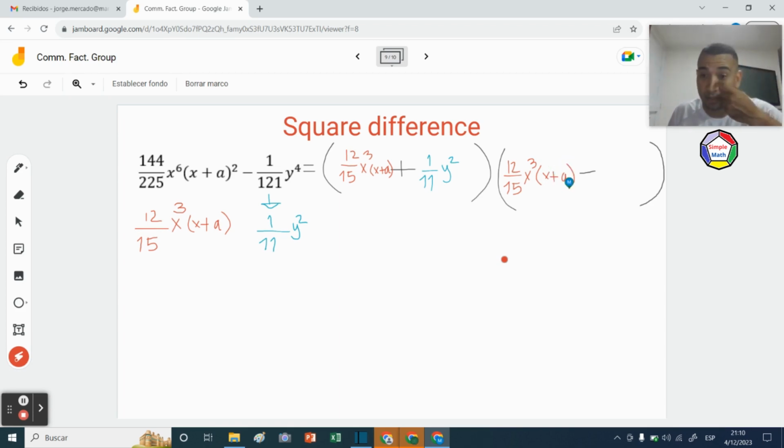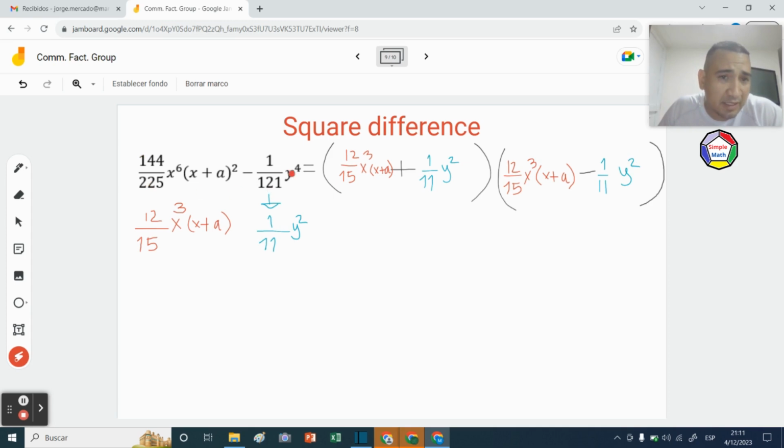I close the parenthesis, and then I will write again the thing that is in blue. So in this case it is 1 over 11, y exponent 2. And that's all. This is the end of the exercise.